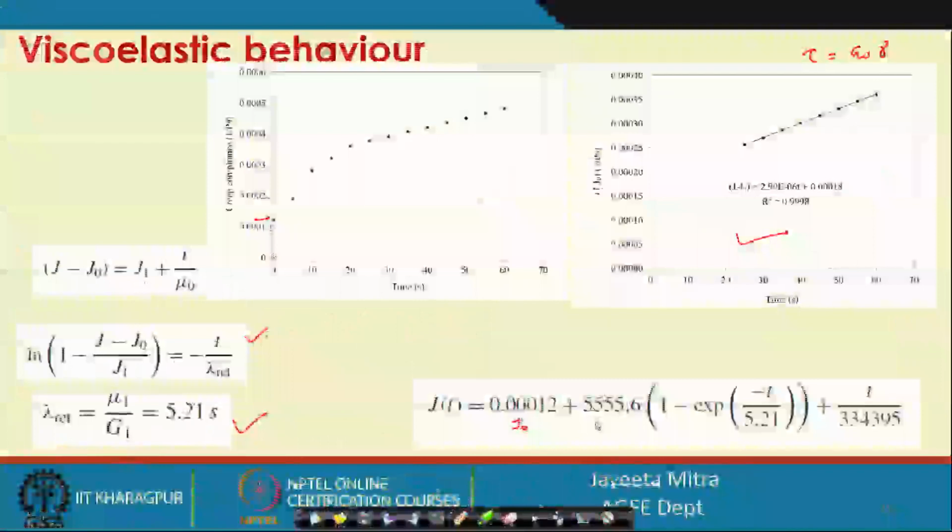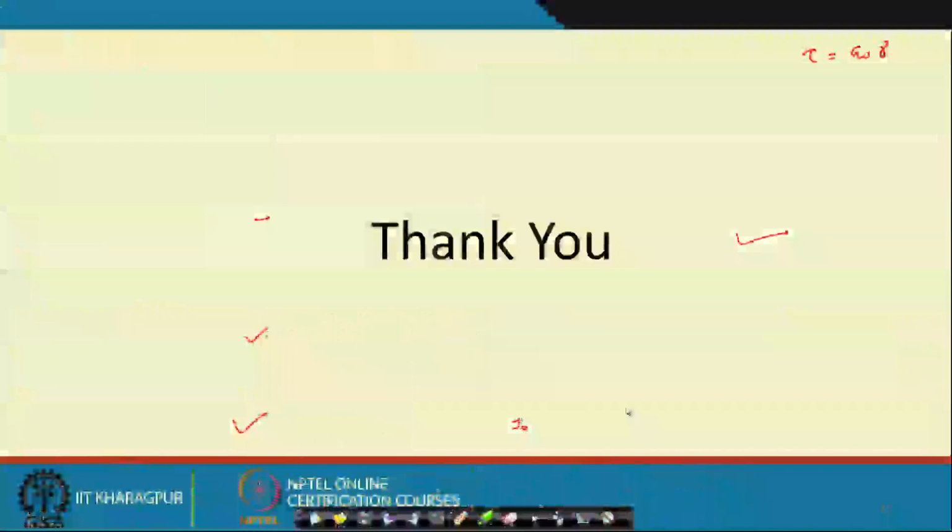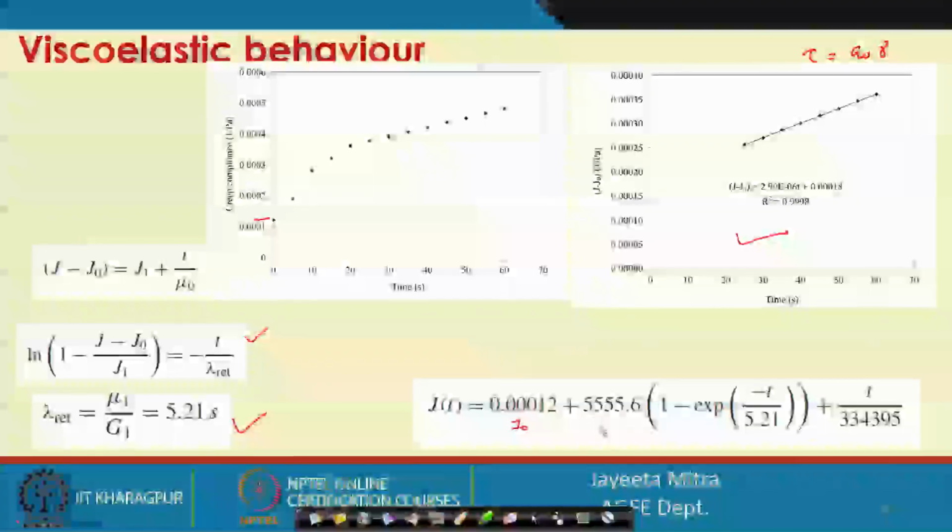Okay. So, J 1 we are getting, and then from 1 minus exponential minus t by the lambda retardation time.